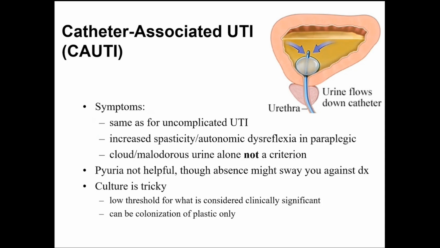So while we often look for pyuria, it's not an absolute indicator that there's an infection. And culture is tricky. There's a differing threshold for what's considered a clinically significant amount of urinary pathogen. And sometimes that can simply be colonization of the plastic only at a point outside of the body. So this is a tricky, difficult condition sometimes to diagnose.